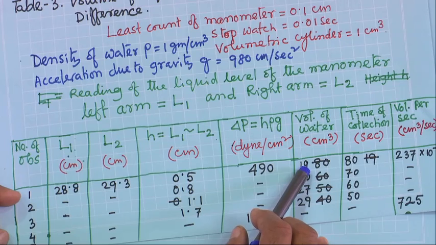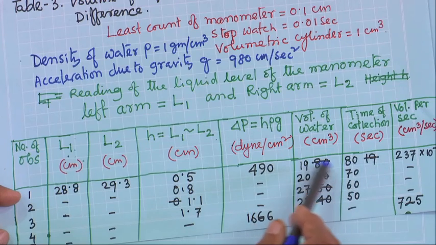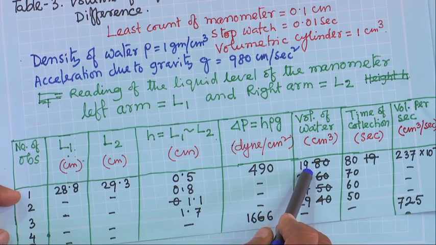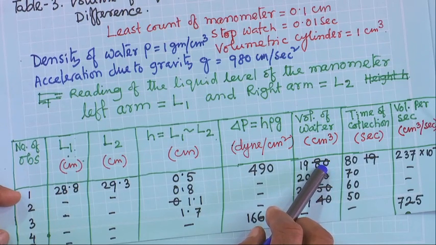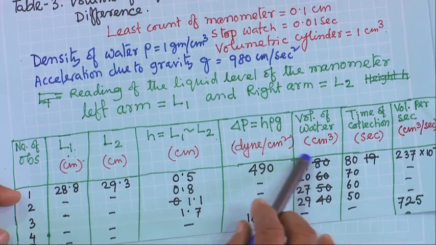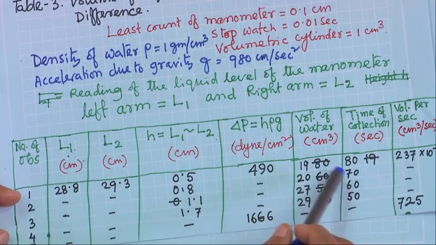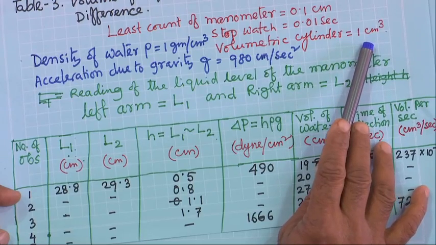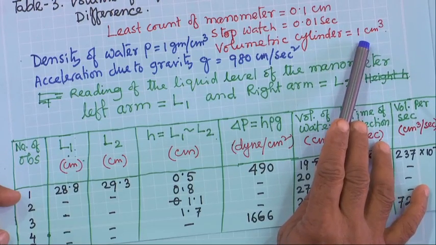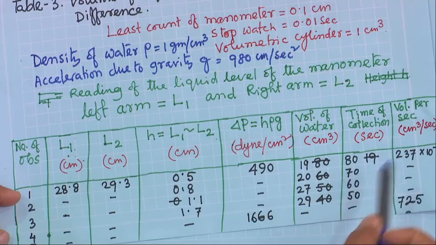Looking at the precision of the measuring tools, one can decide this value. Here, for this volumetric cylinder, the least count is 1 cm cube.